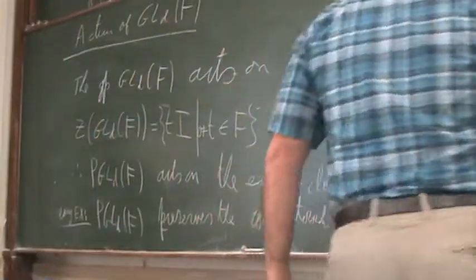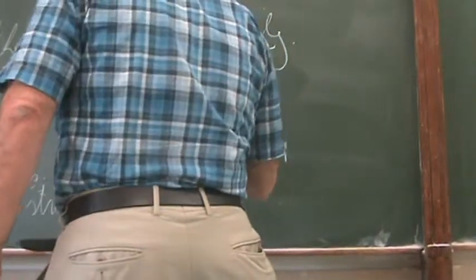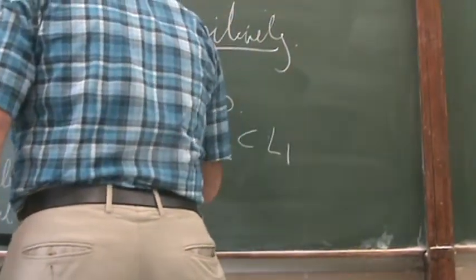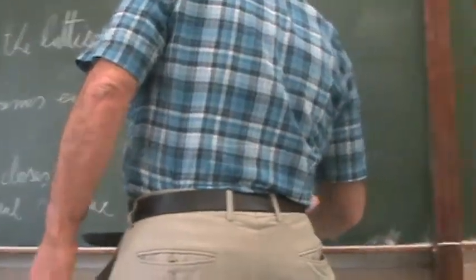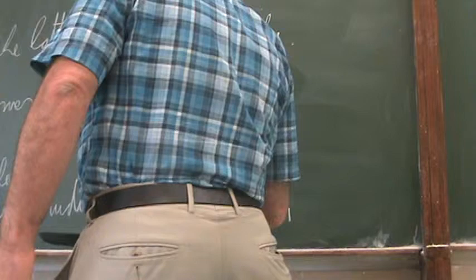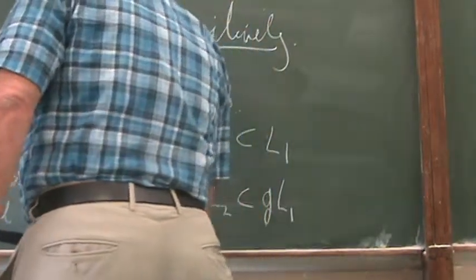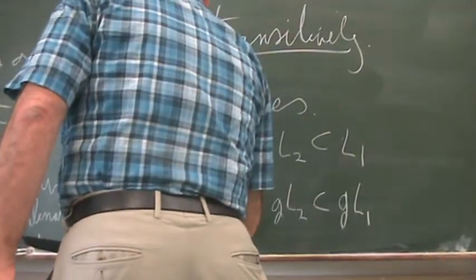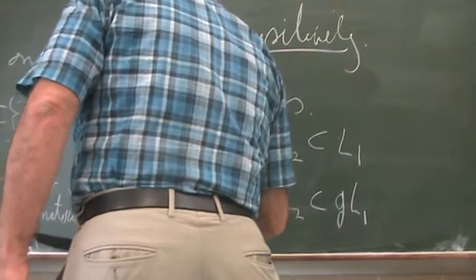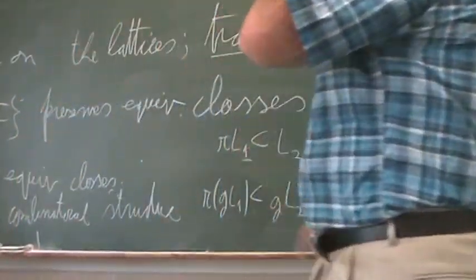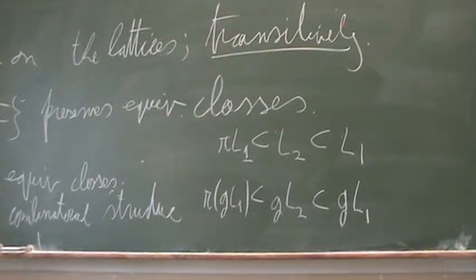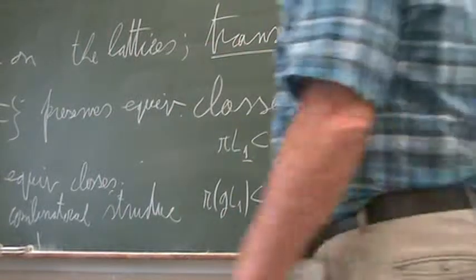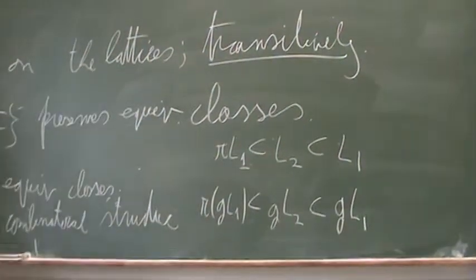Because if L1 contains L2 and this contains pi L1, and I multiply by G, then GL1 contains GL2, contains pi GL1, which is equal to G pi L1, because G is a linear map. This is completely trivial, that the group preserves the combinatorial structure.